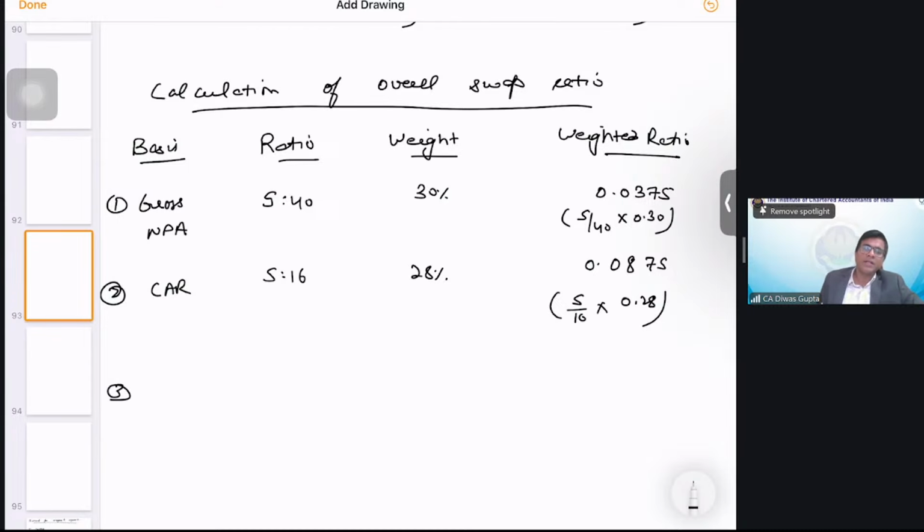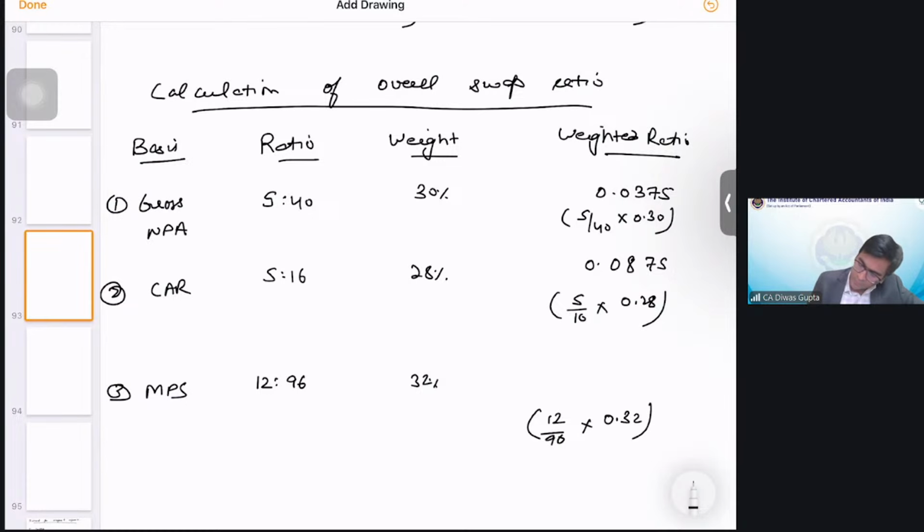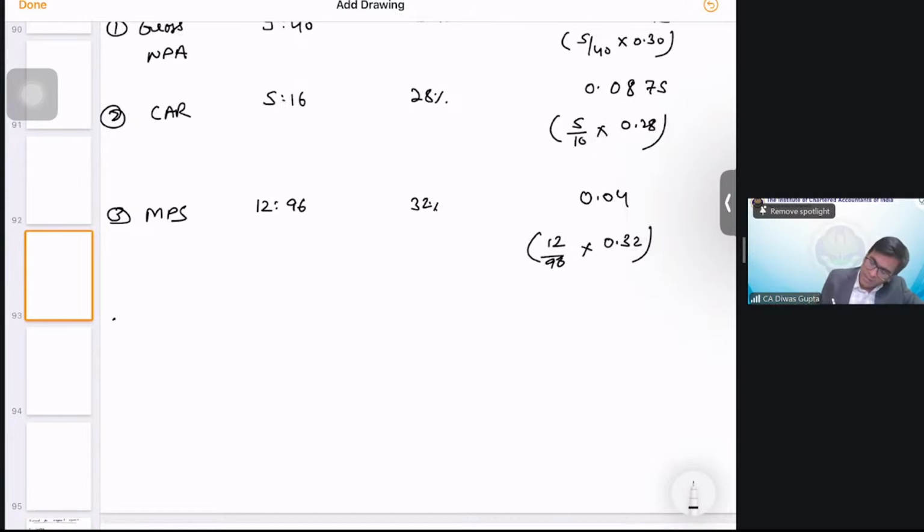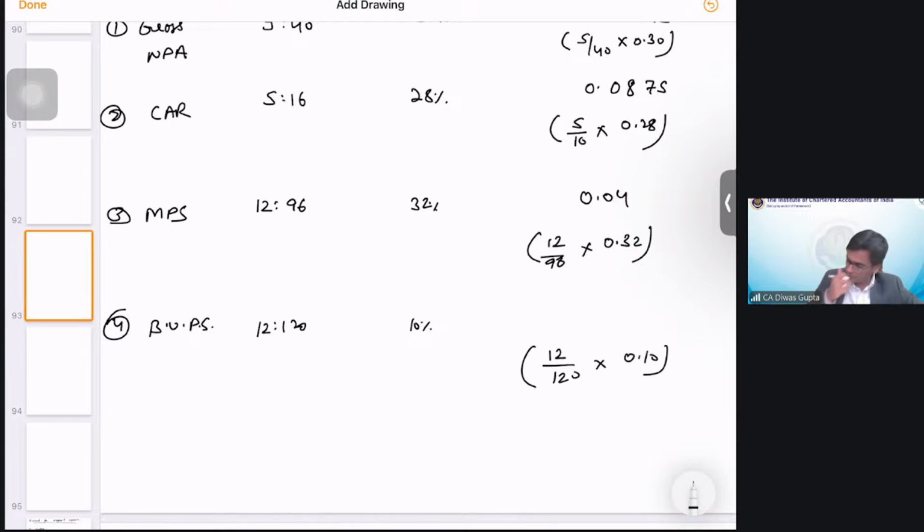Third one, right? Yes, Saminathan, you're right. Then market price per share is 12:96, 32%. So this is 12 by 96 into 0.32. So this comes as 0.04. Then the last one is book value per share 12:120, 10%, and here also 12 divided by 120 into 0.10. So this comes as 0.01.